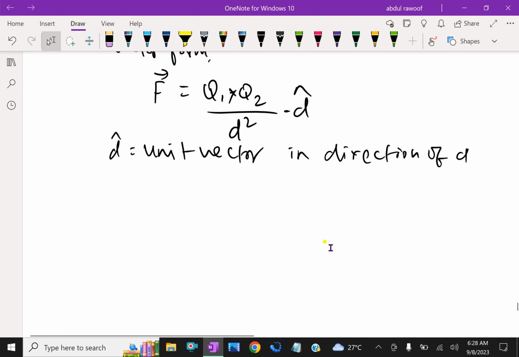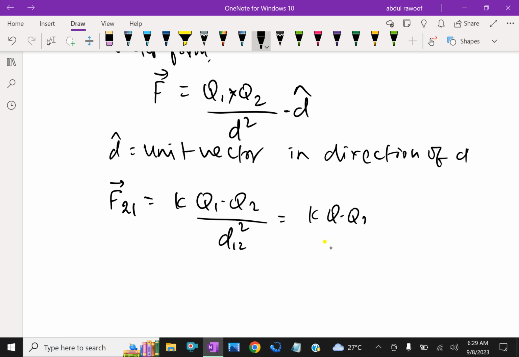Which is equal to k q1 q2 d12 vector over d12 cube. That means you are multiplying top and bottom by the vector d12.